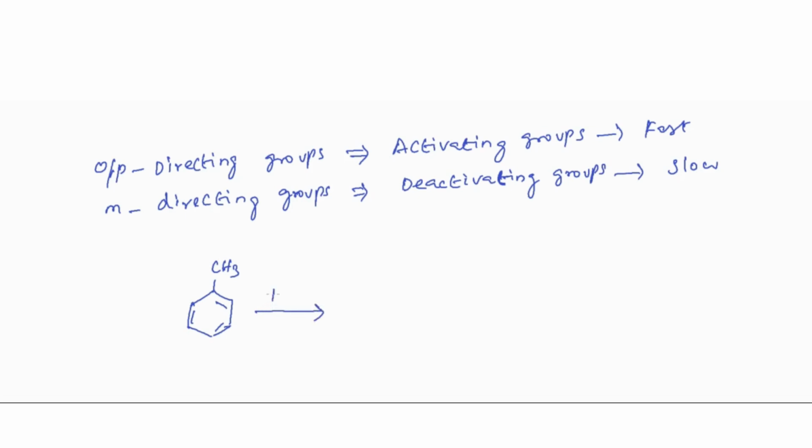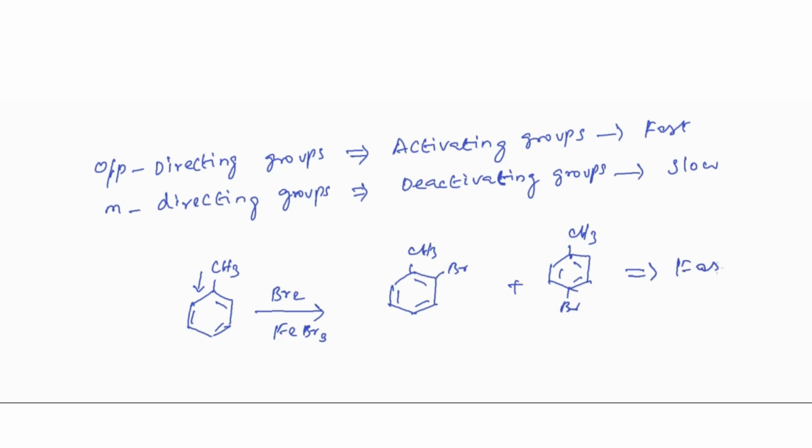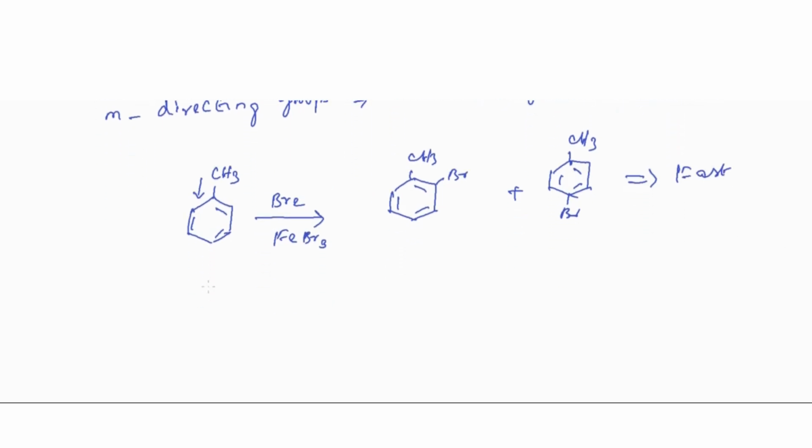If you do the halogenation, this reaction will go faster, and this will give both ortho and para, but this reaction will be a faster one. Why? Because these are activating groups. It will increase the electron density and push the electron density towards the benzene ring system. That's why this will be very fast. This reaction is fast.